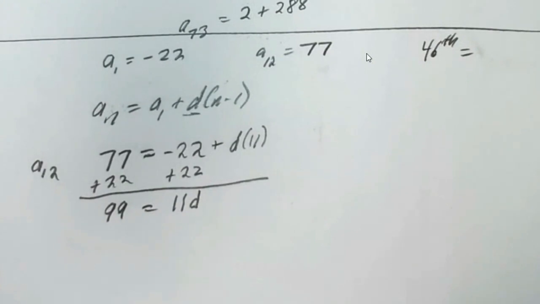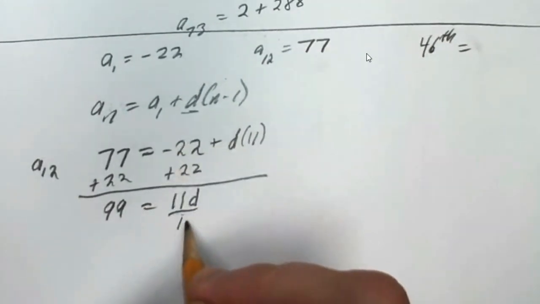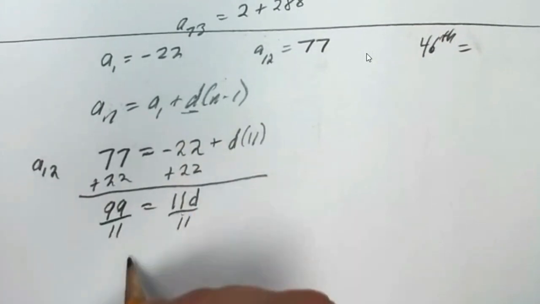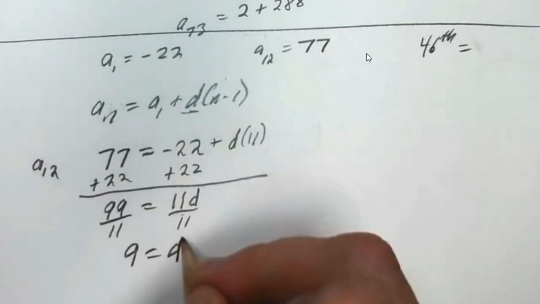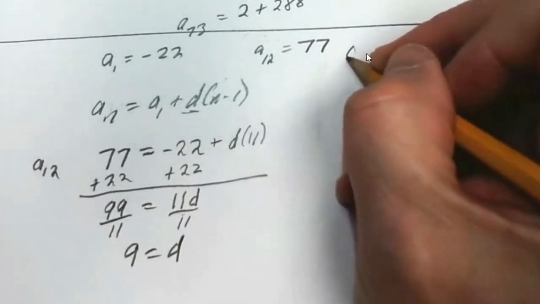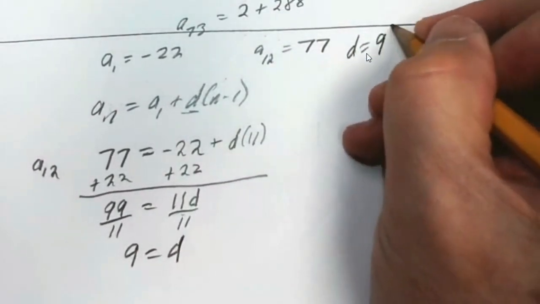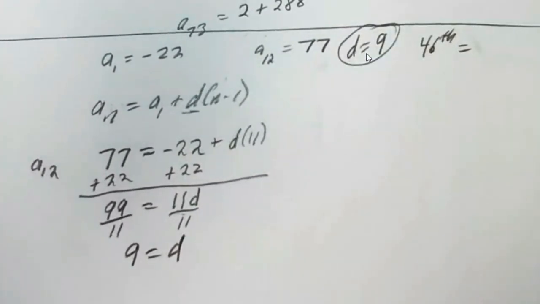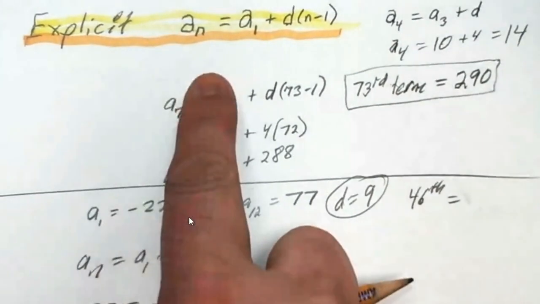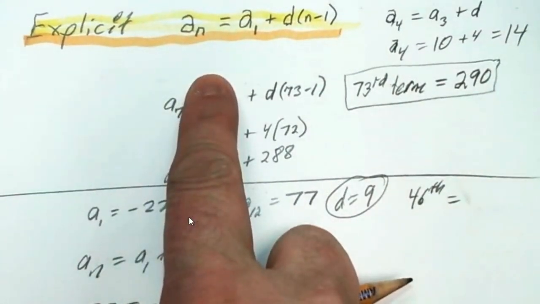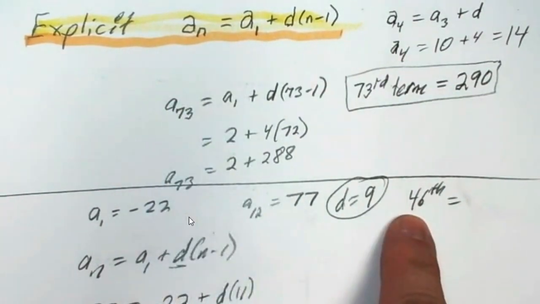Solve for D. So divide by 11. 9 equals D. Okay, so the common difference is 9. We found the common difference.